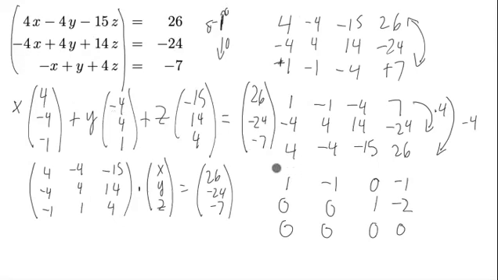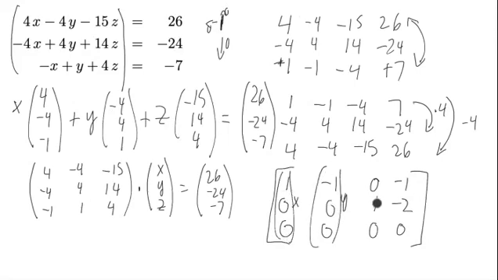Now, reduced row echelon form is the setting we want to be in to find just a simple, quick solution. So we were looking for scalars X times that, Y times that, Z times that, so that we end up getting a -1 and -2. So notice that if we let X be 0, for instance, and Y be 1, and Z be -2, it works.